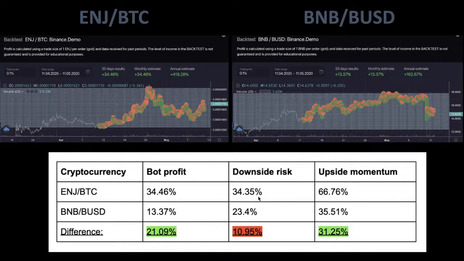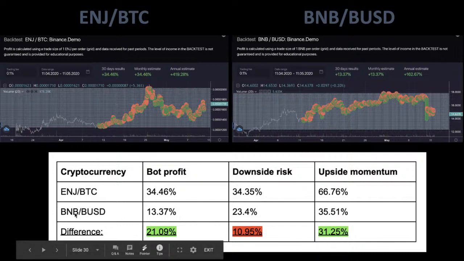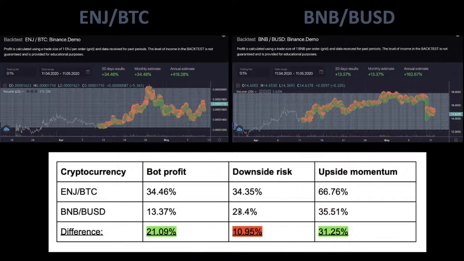However, the downside risk was slightly higher compared with BNB, whereas BNB would offer you lower return, but the risk would also be lower.